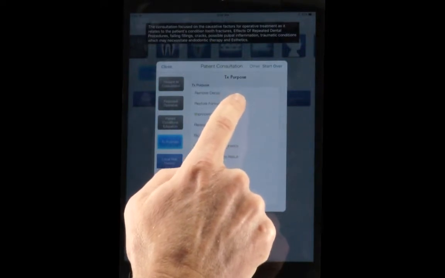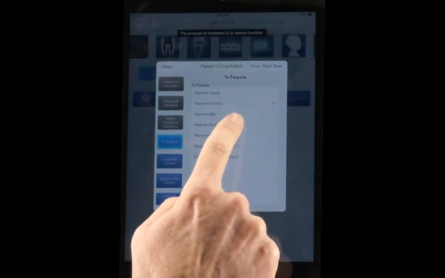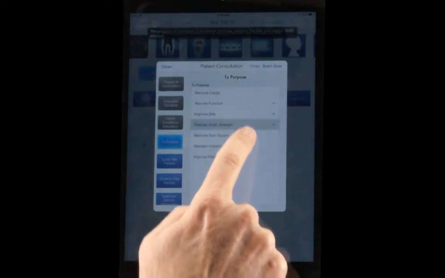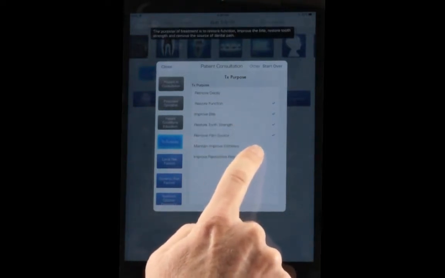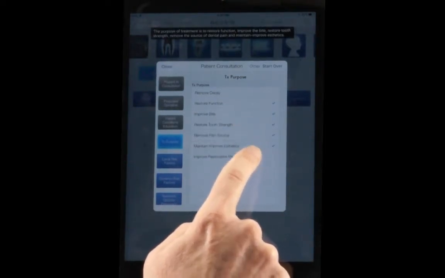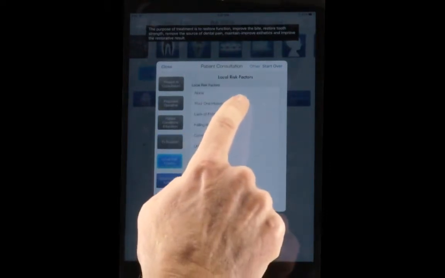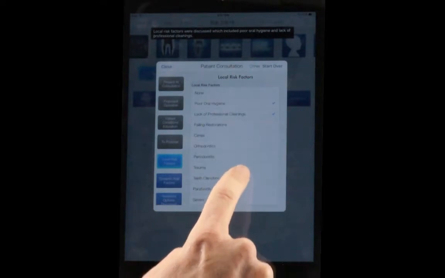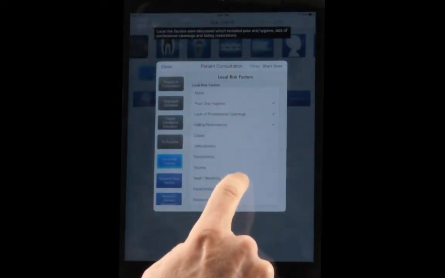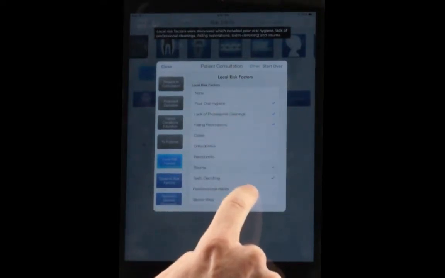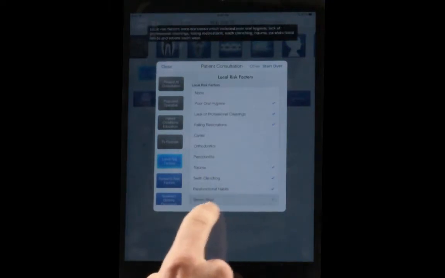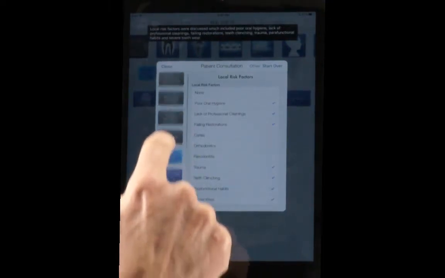We have treatment purpose: restore function, improve the bite, restore tooth strength, remove the pain source, improve aesthetics if we can, and improve the overall restorative result. So the risk factors: well, poor oral hygiene, lack of professional cleanings, failed restorations. We could have clenching, trauma, parafunctional habits of severe wear could cause that crack.